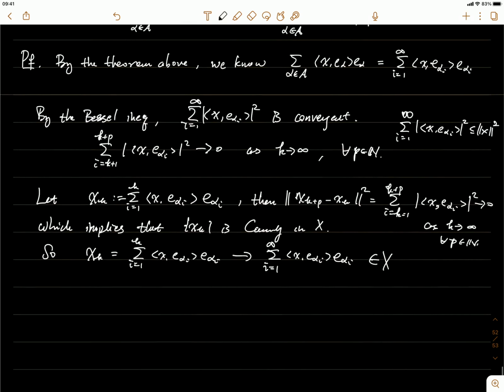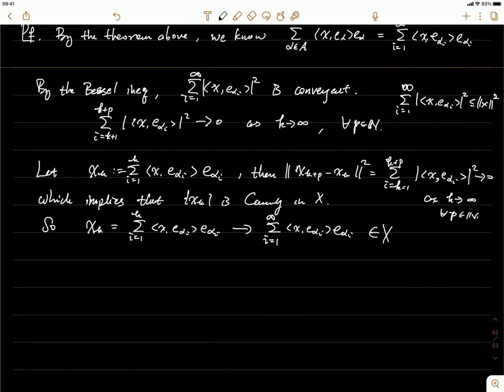On the other hand, we can see that we look at the difference of x with any sum I can see here, x minus the sum of x, e alpha i, e alpha i.